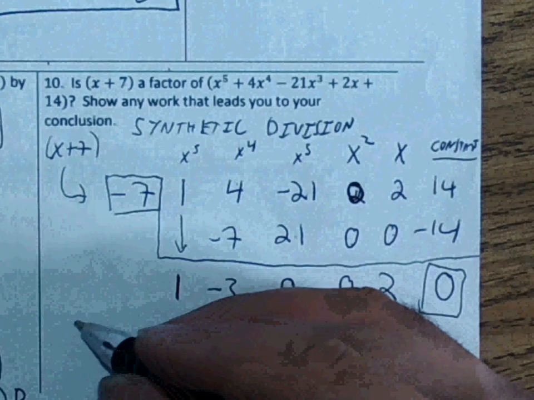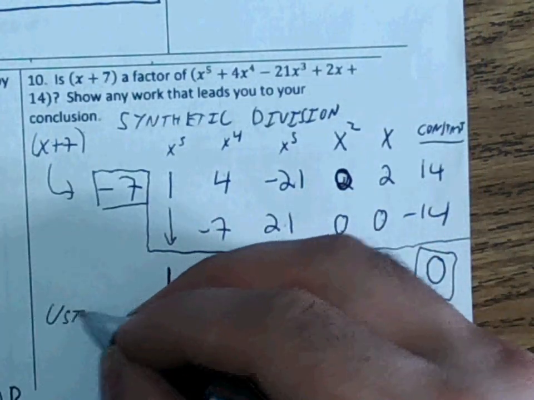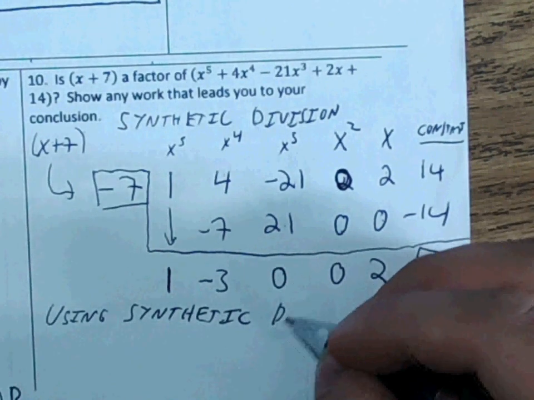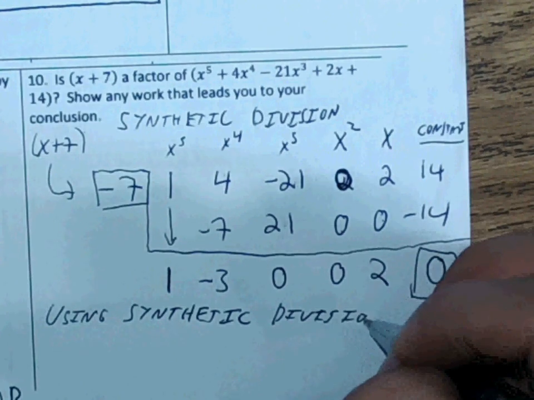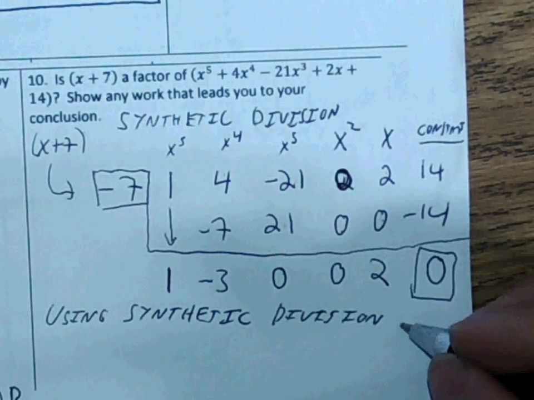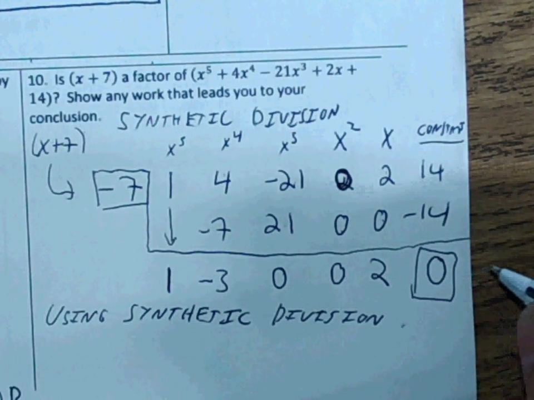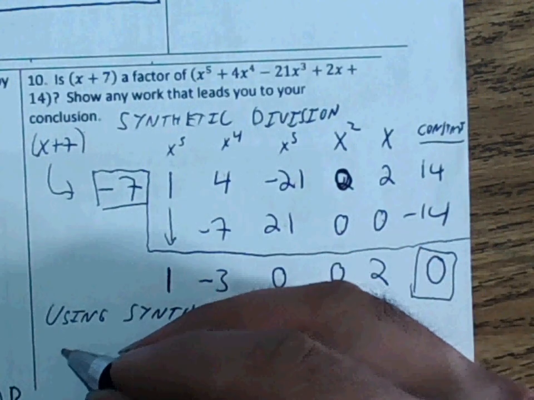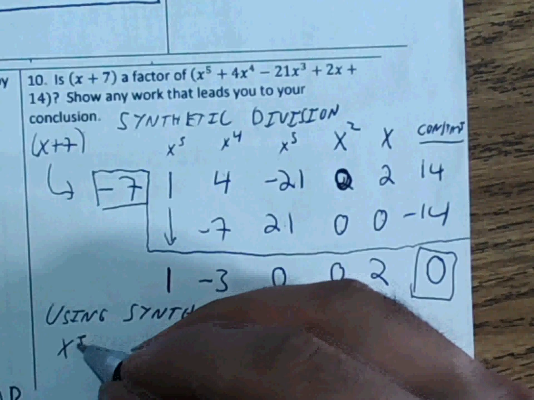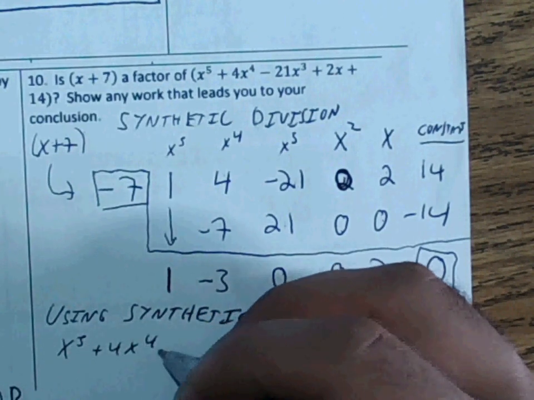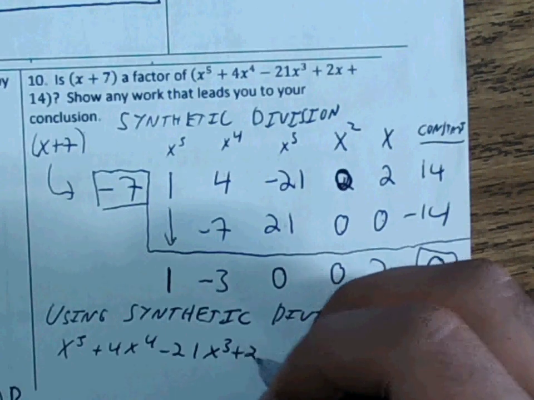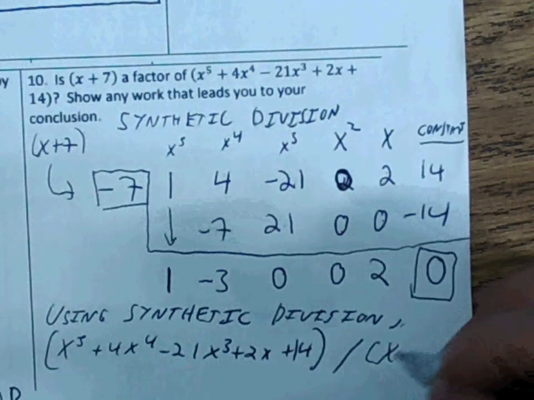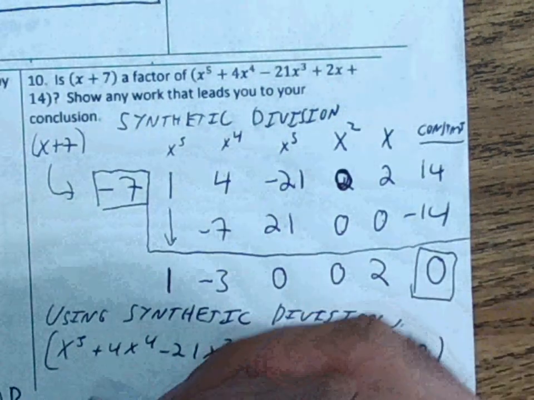So using synthetic division, x to the 5th plus 4x to the 4th minus 21x cubed plus 2x plus 14 divided by x plus 7 resulted in a remainder of 0.